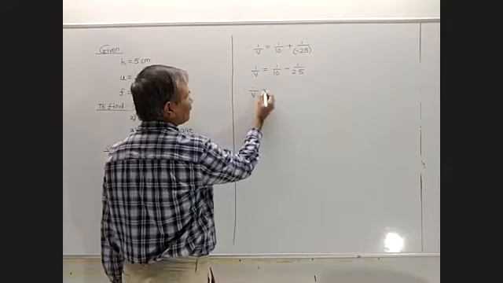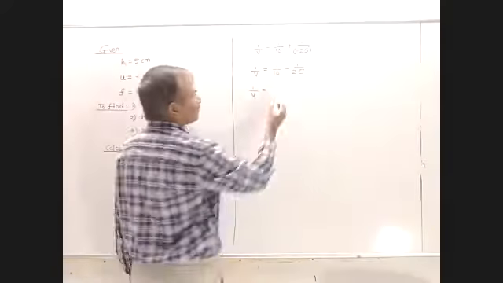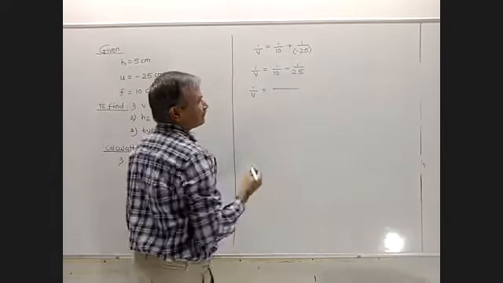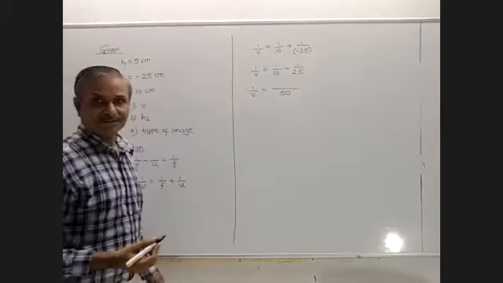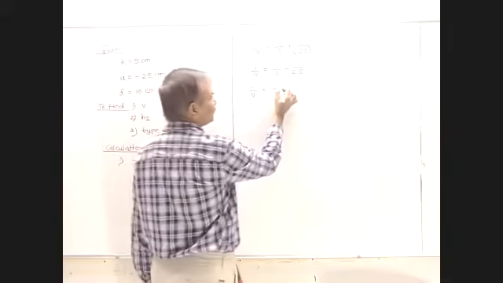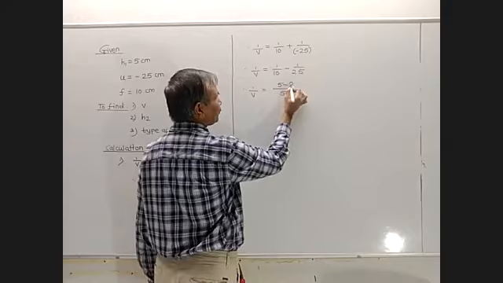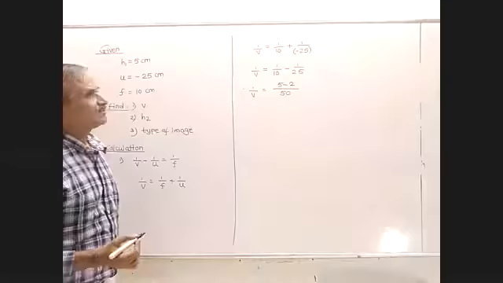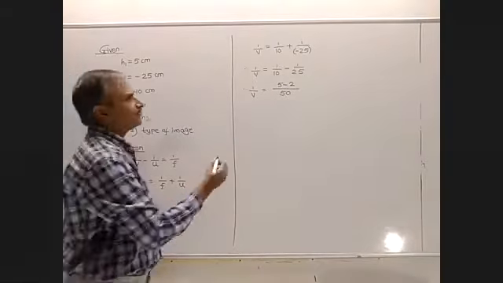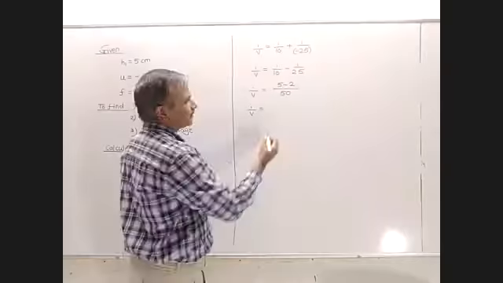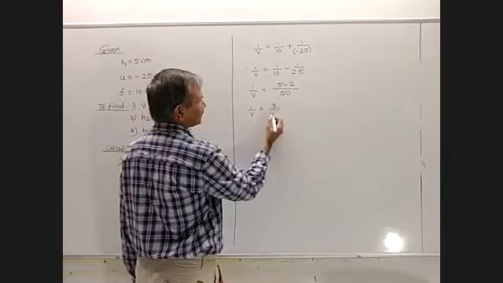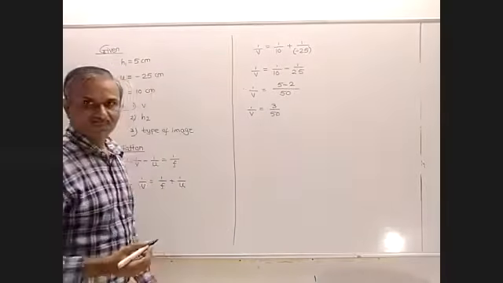So 1 upon v is equal to, now if you take the LCM of 10 and 25, LCM is 50. Now 10 into 5 is 50, 25 into 2 is 50. So it is 5 minus 2 upon 50. So 1 upon v is 3 upon 50.